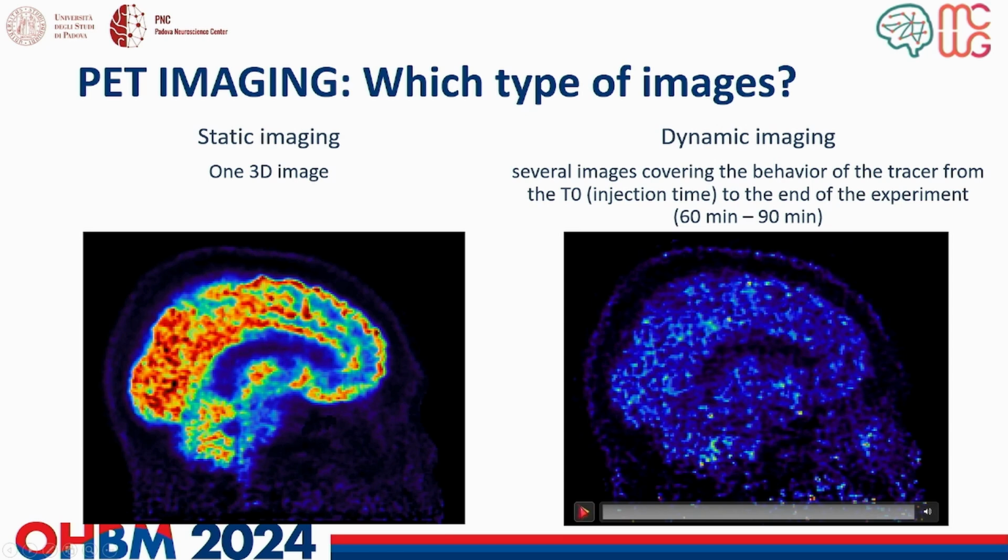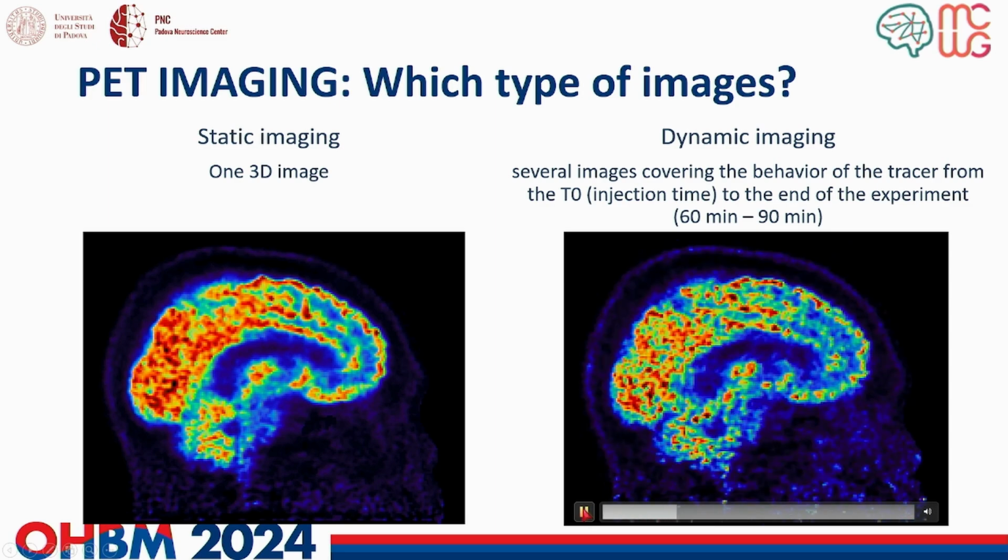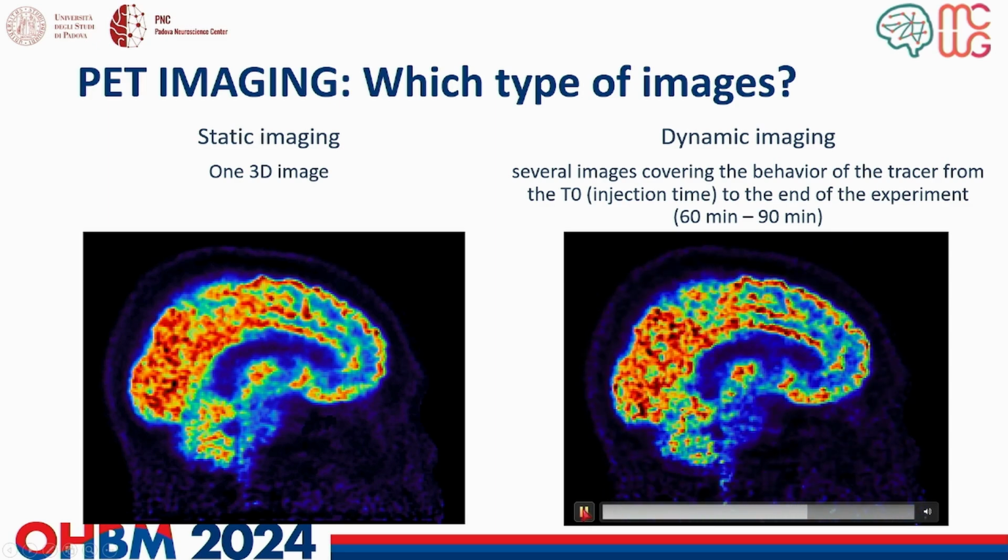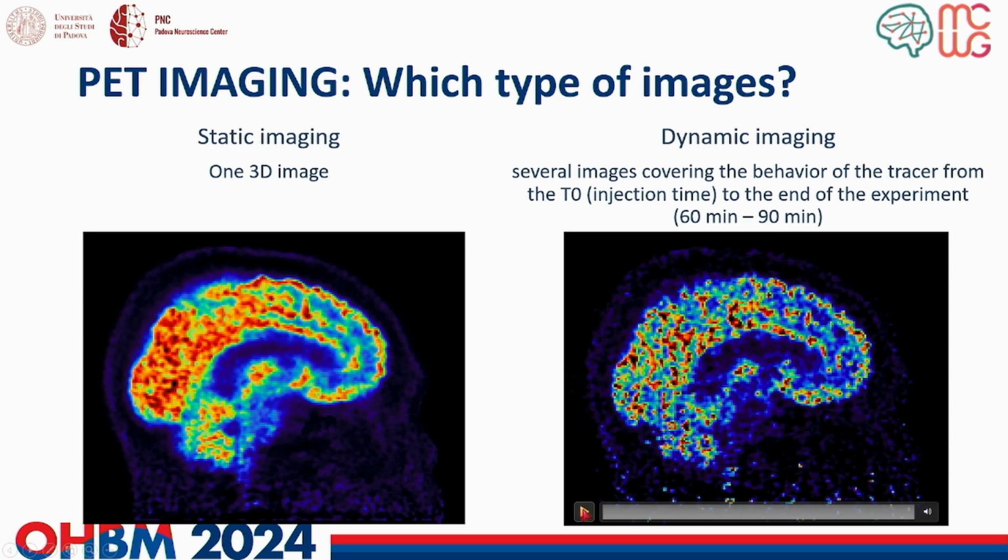Okay, so exactly the same tracer, the same subject, but here we have more images, the possibility to follow the behavior of the tracer from the beginning, time 0, the injection time, till the end. You see the tracer coming inside, reaching the highest value, and going down because it's going outside the system, okay?